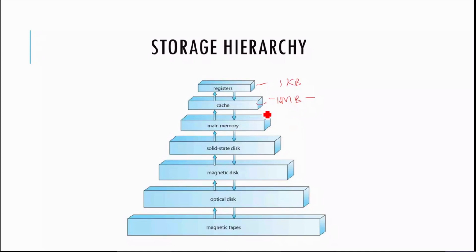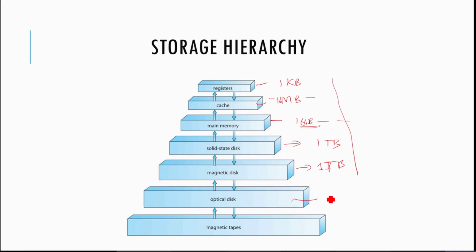Cache space can range up to 6 GB or more, starting from the 1 GB or 2 GB range. And SSDs now come in TBs. Hard disks we also get in TBs, 1 TB, 2 TB. So this is the overview of the memory.